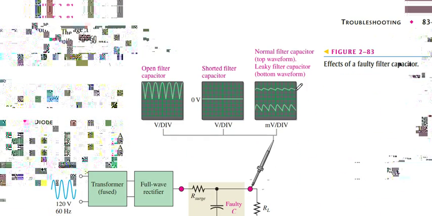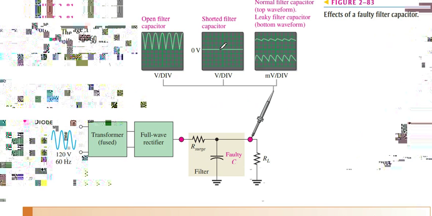This is the ripple of a filter circuit result, and this is pure DC.